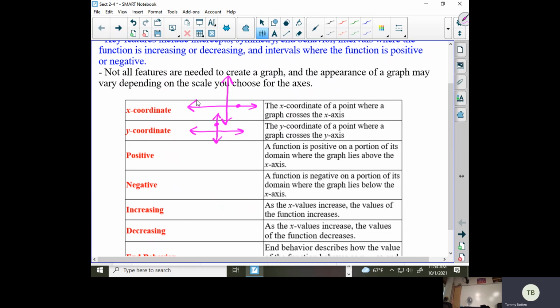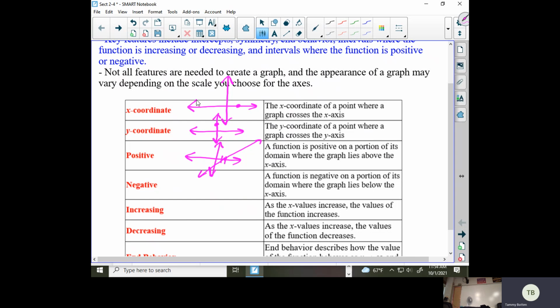They could say to you that your graph is positive for x is greater than 2, something like that. So if it's positive for x greater than 2, that means at 2 your graph would be above the line, and below 2 your graph would be below the x-axis.